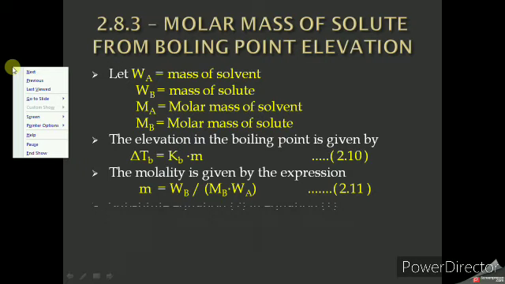So number of moles of solute is equal to mass of that solute divided by molar mass. So Nb is equal to Wb divided by Mb. So this is the number of moles of solute, and Wa is the mass of that solvent. So substituting the value of m, which is equal to Nb divided by Wa, where Nb is equal to Wb divided by Mb, so your m is equal to Wb divided by Mb into Wa.